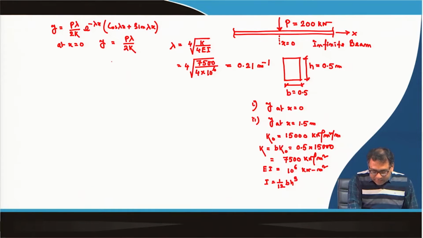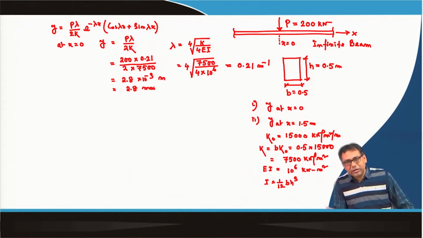So, y at x equal to 0, with P equal to 20, and lambda equal to 0.21, divided by 2 into 7500, is 2.8 into 10 to the power minus 3 meter. So, that is 2.8 millimeter.